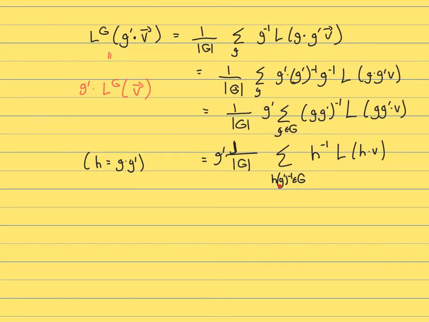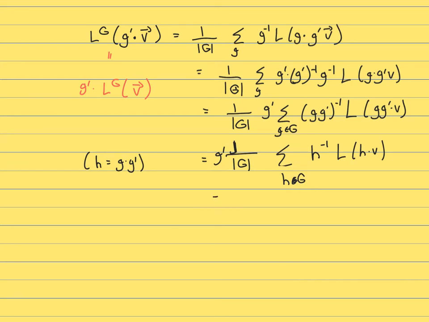So by change of variables, you're really just going over every element of the group exactly once and then doing this conjugate transformation. There's a bijection between these two sets. And so each term appears exactly once.